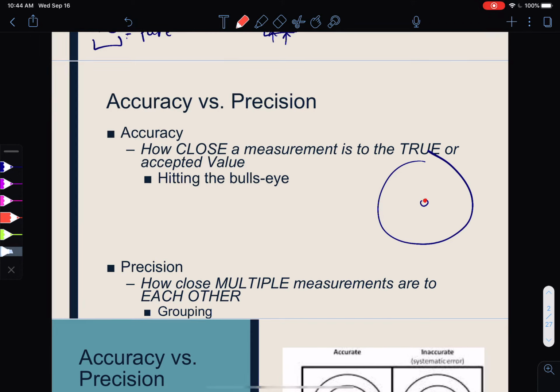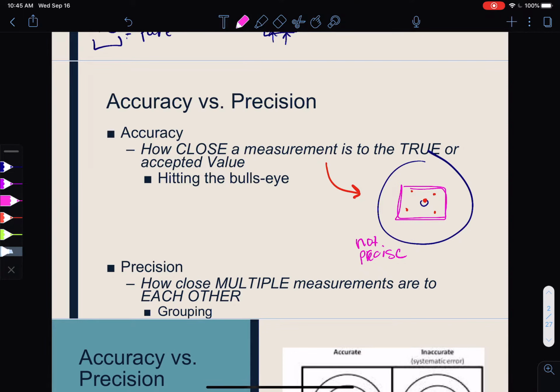Accurate hits the bullseye at least once, okay? So it hits the bullseye. Now, accurate does not have to hit the bullseye every time. This is also accurate, all right? But you see how far apart all the pieces are. They're really far apart. That makes it not precise, okay?